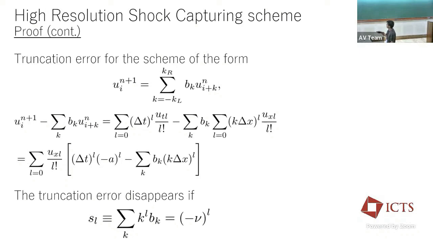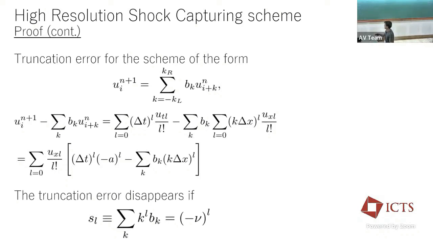You can write down this equation like a Taylor expansion like this, where u_t^l means the l-th time derivative of u and u_x^l means the l-th spatial derivative. By using this Taylor expansion, you can get this solution. The truncation error is determined by this residual error, right?